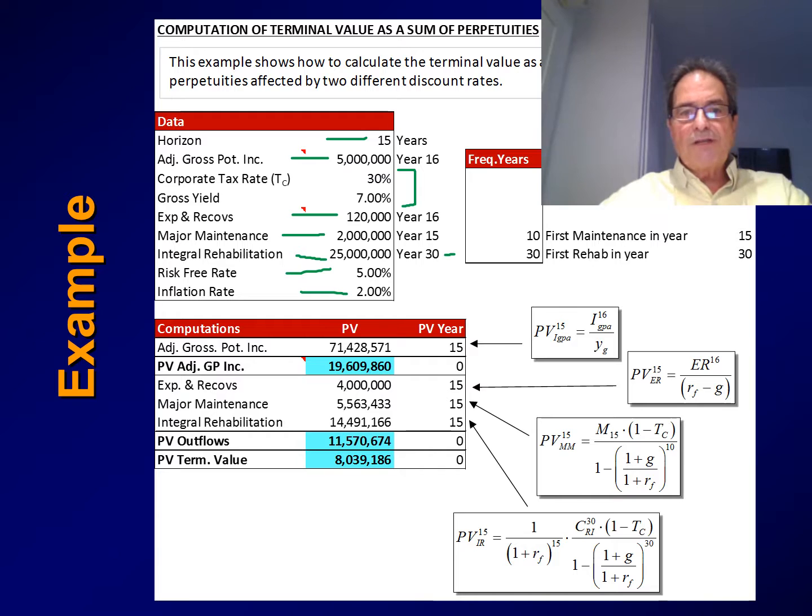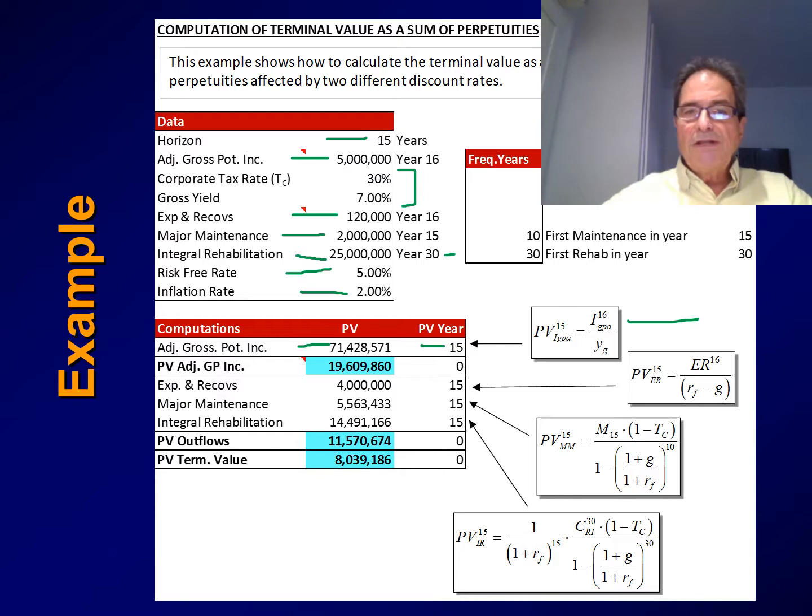First, adjusted potential gross income. Well, we calculate the present value in year N at the end of the horizon, and the formula is this formula that I showed you before. So the present value in year N, year 15, will be equal to adjusted gross potential income in year 16, that was given as 5 million, divided by the gross yield, which was given as 7%.